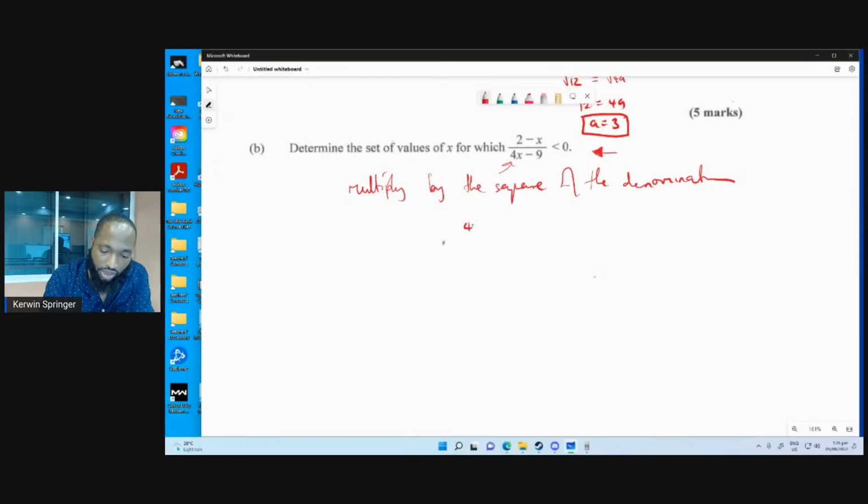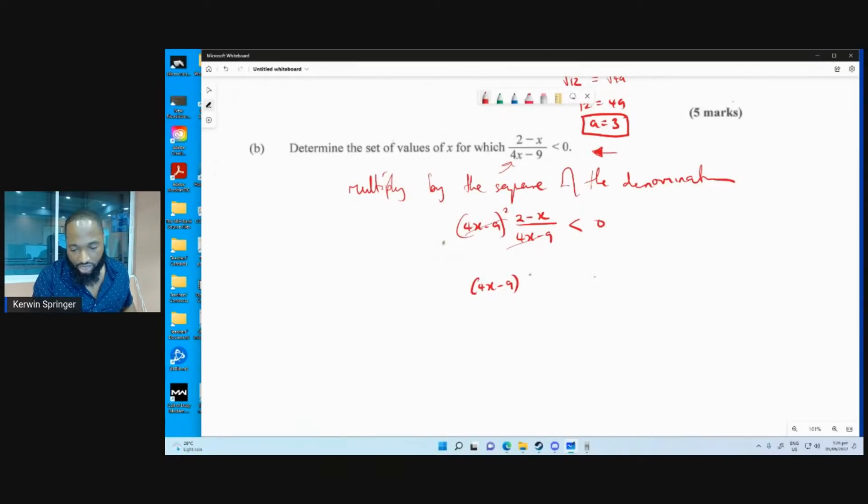And you'll end up with (4x minus 9) over (2 minus x) greater than 0. So one of these will cancel and I'll just end up with (4x minus 9)(2 minus x) less than 0.